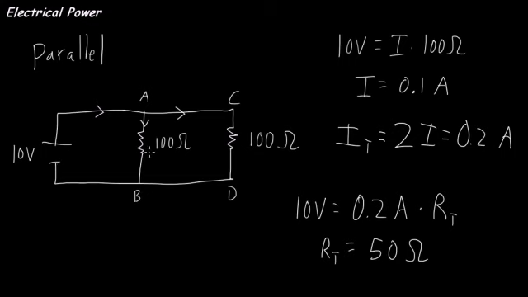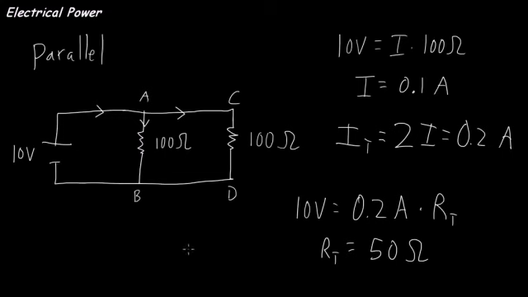The important thing to know is that when you have devices, or I've been talking about resistors, but this could be any device here, and this could be any device here. They have some load. When you have them hooked up in parallel, the current is potentially different through each one. And then all those currents sum up to be the current running through the battery or the voltage source.